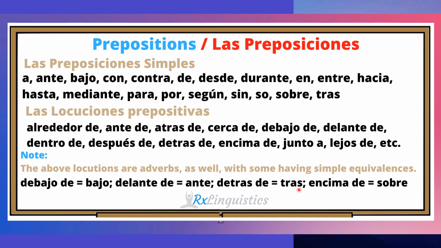Detrás, you have tras, so you don't need to use detrás, but it's good to know them because you find them in prepositional locutions, but some of them have the equivalent in the simple form of preposition. So take note, review, and when we are doing the in-class practice, we'll come across some of them, okay?